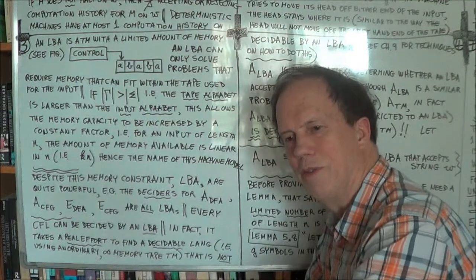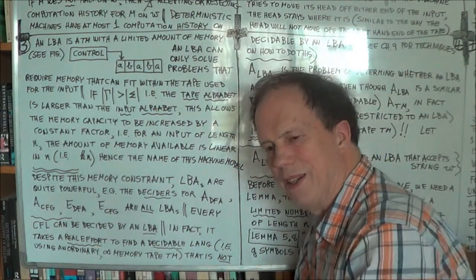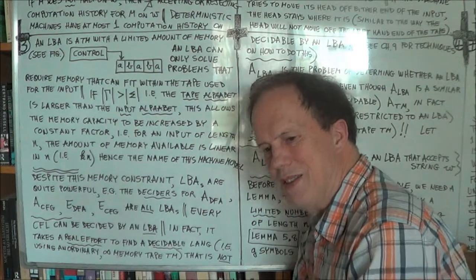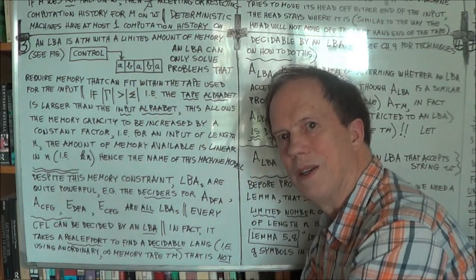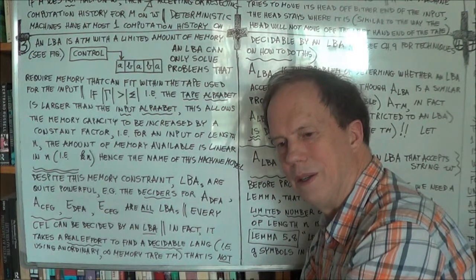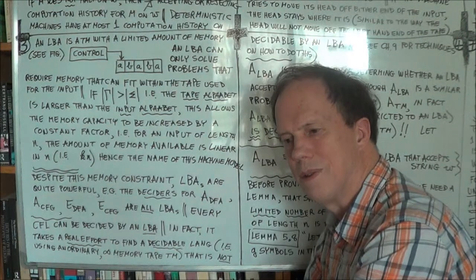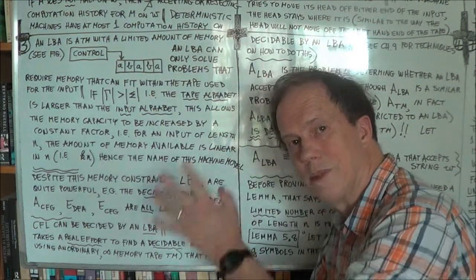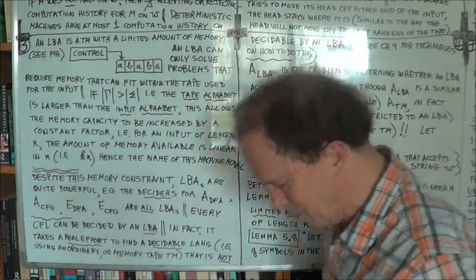You have to go to some trouble to find an example of a language that is decided by a normal Turing machine, but that is not decided by an LBA. In other words, the LBA is quite powerful. That might surprise you a bit.